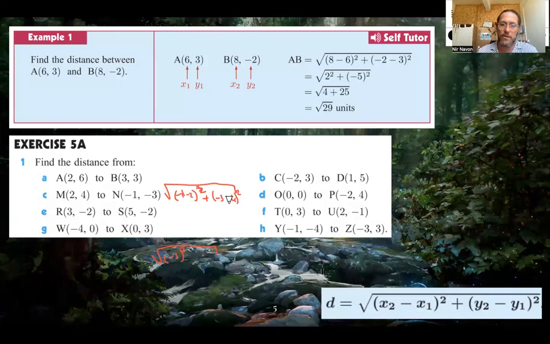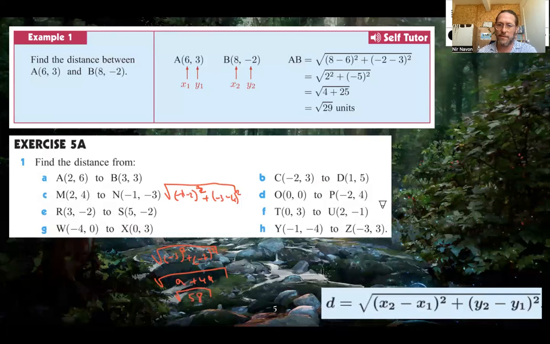It's very important to use the brackets because if you plug it in the calculator, it needs to be understood by the calculator. So we write brackets. And always when it's negative, we use brackets. The square of minus 3 is 9, and the square of minus 7 is 49. So the answer for this one, the distance between point M and N, would be the root of 58.